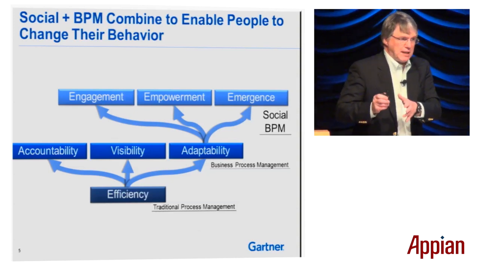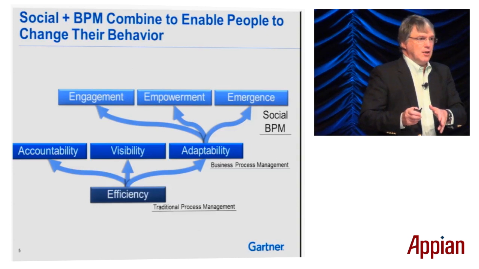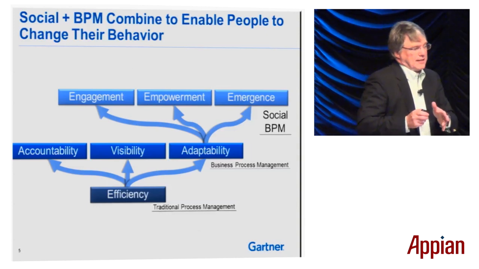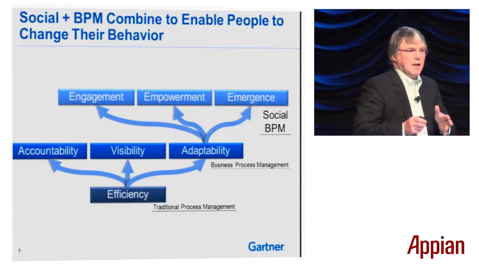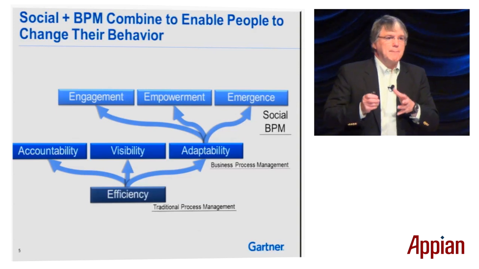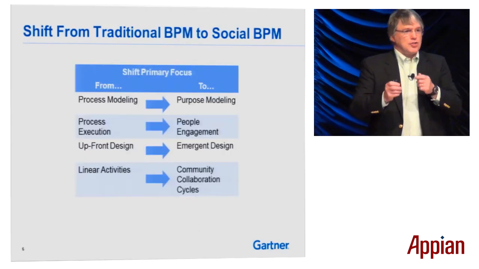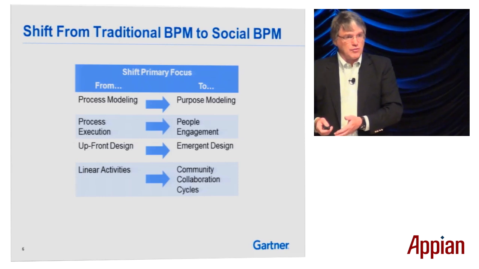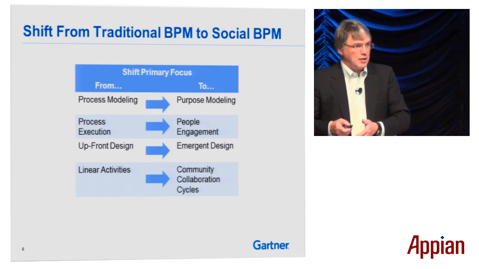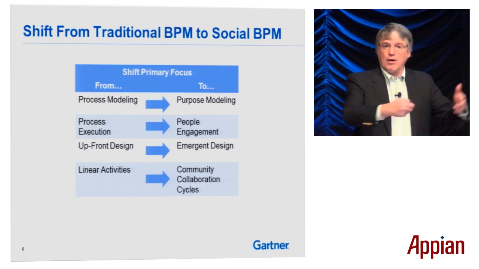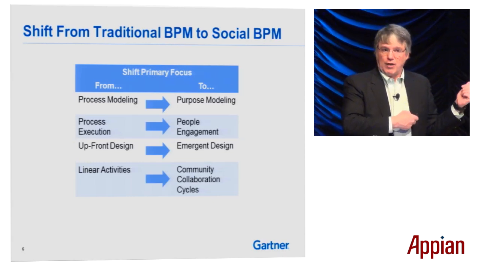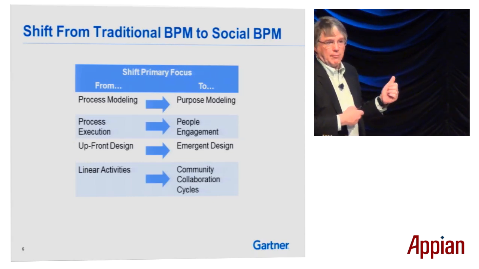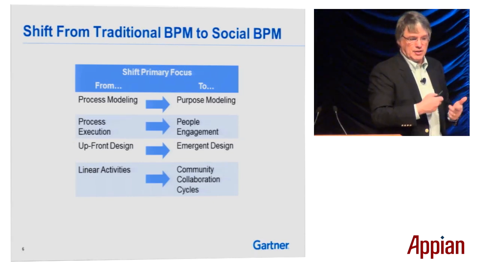I think BPMS platforms do a great job of that. I think there's still room for improvement, but in terms of the ability of the software to change more rapidly, to change our rules, to change our process flows, to change our data models, it's actually ahead of where the people behind the process are. And the people now are becoming the bottleneck in terms of our ability to change.